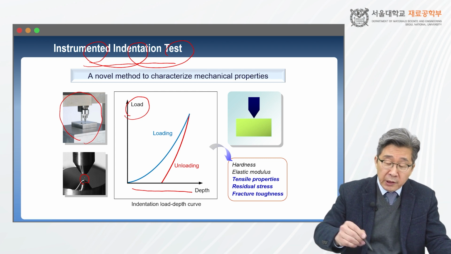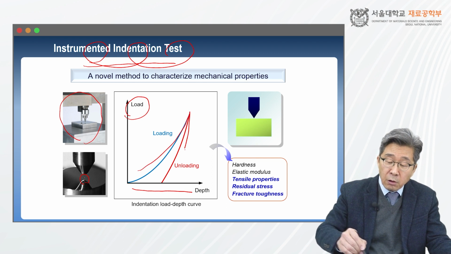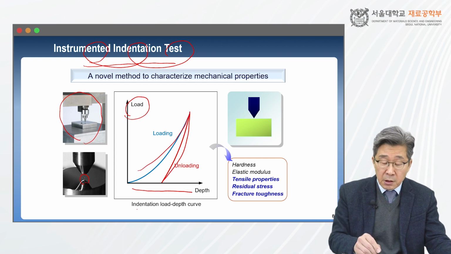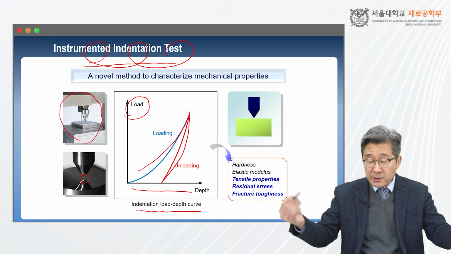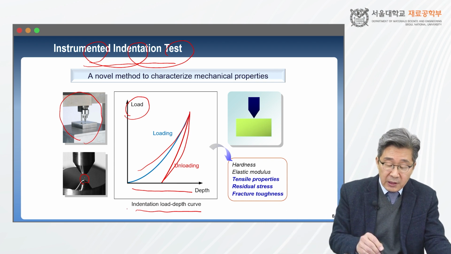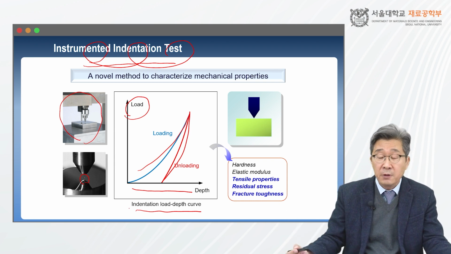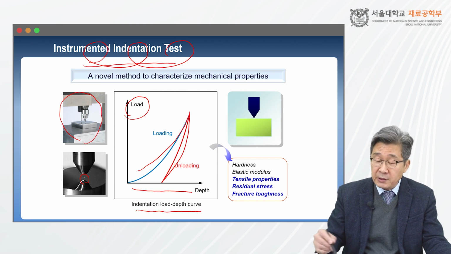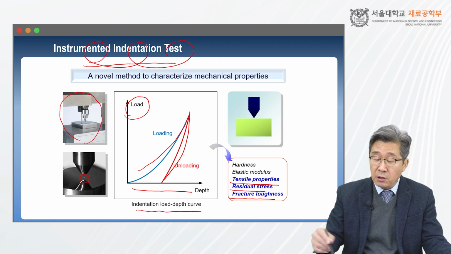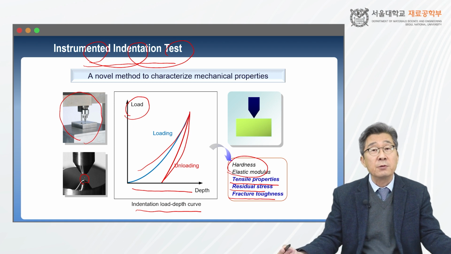So we can get a loading, unloading indentation curve. As expected from this indentation load-depth curve, we can come up with tensile strength, fracture toughness, and residual stress in addition to hardness or elastic modulus.